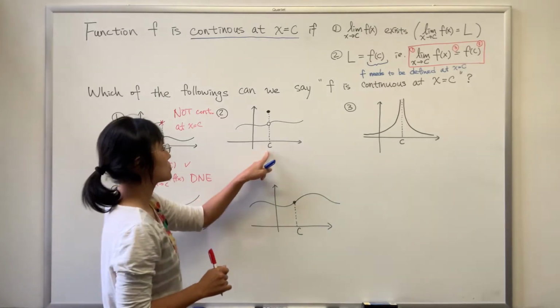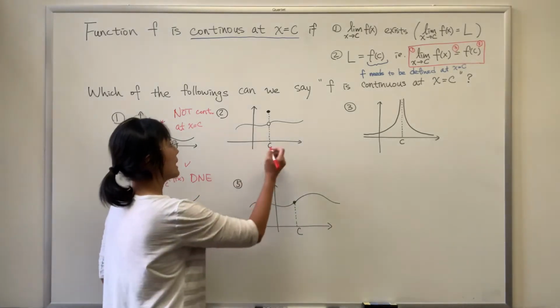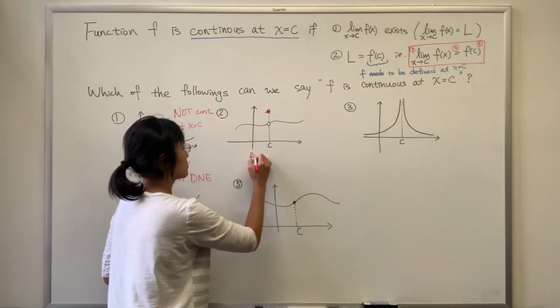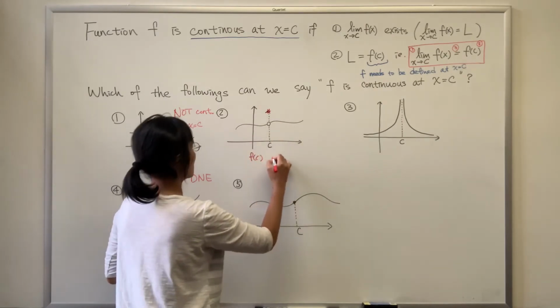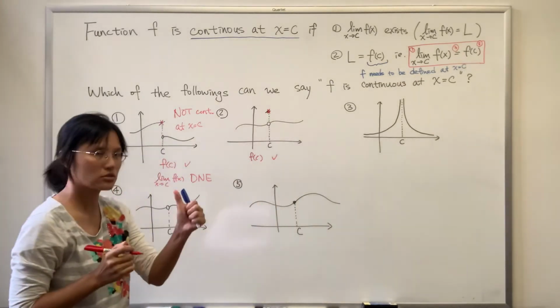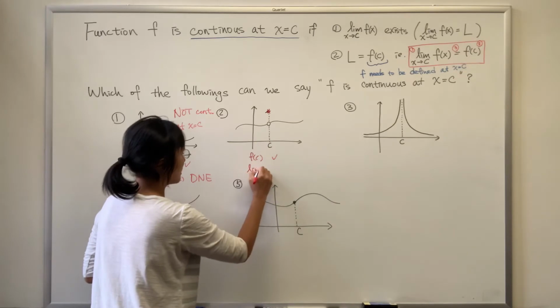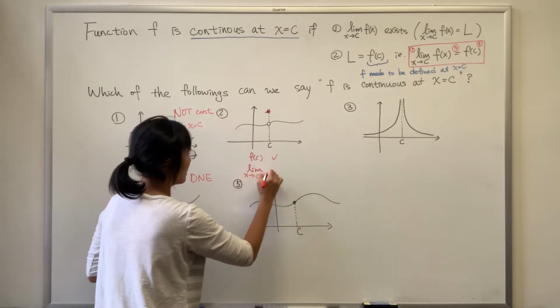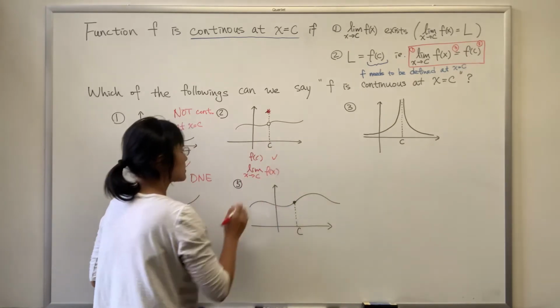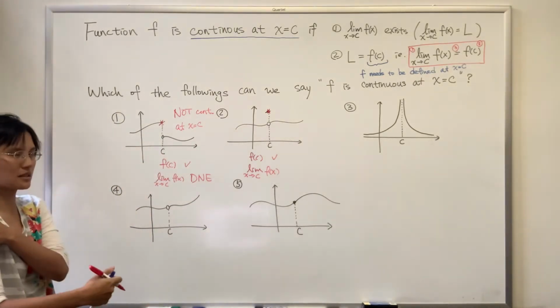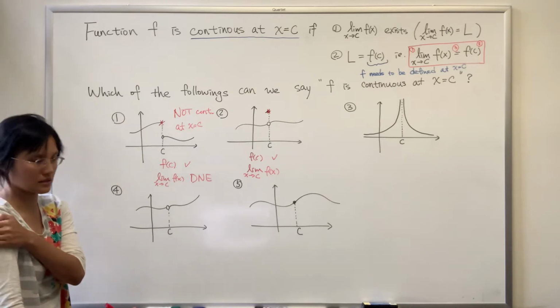All right, so here I have f of c right over there. So I do have f of c defined. So that's cool. Now, if you look at the graph, would you say the limit of f as x approaches c exists or does not exist?